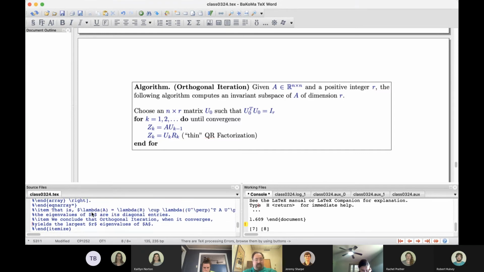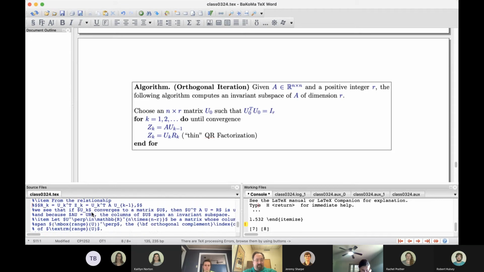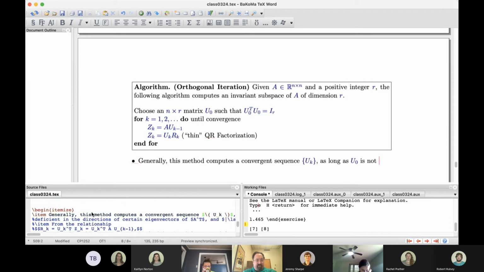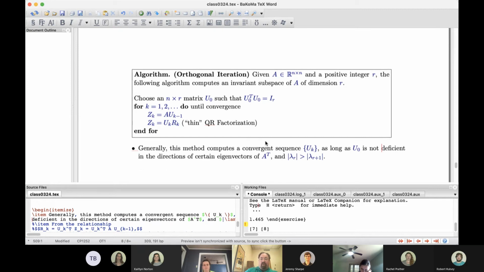The uniqueness of the thin QR factorization is what helps it to converge. In most cases, if our largest eigenvalue is strictly larger than the next one, then this should converge. Just like for the power method, you need lambda 1 strictly greater than lambda 2 in magnitude for it to converge.